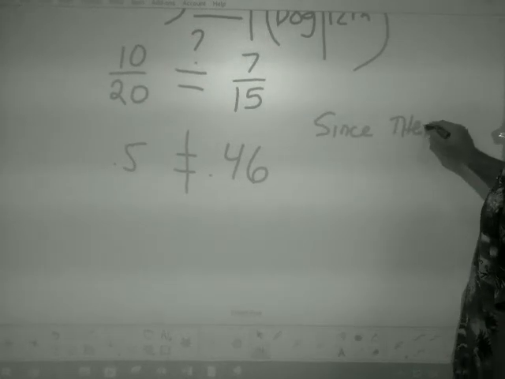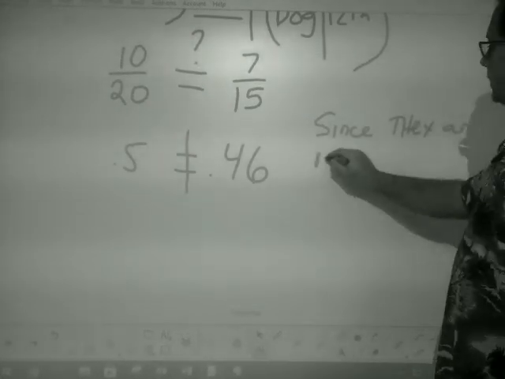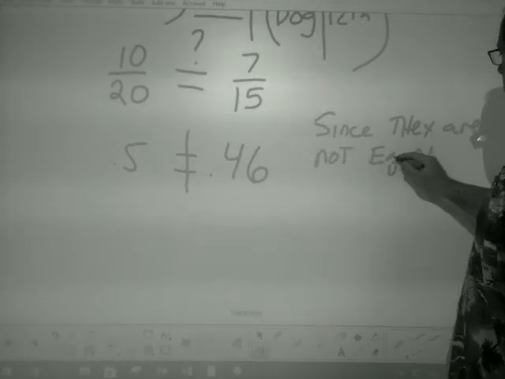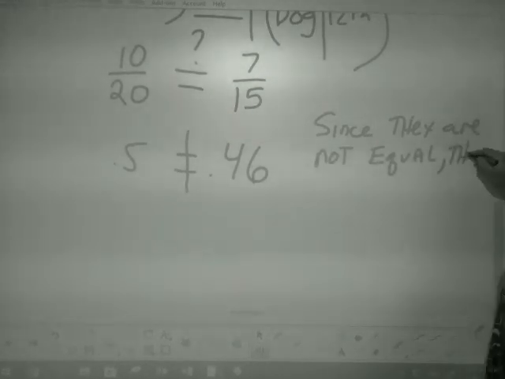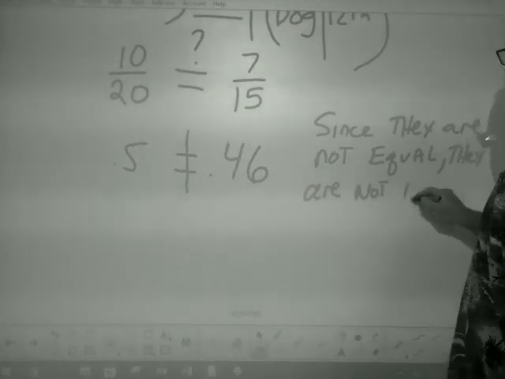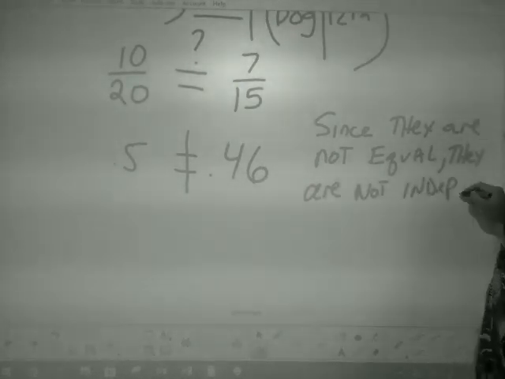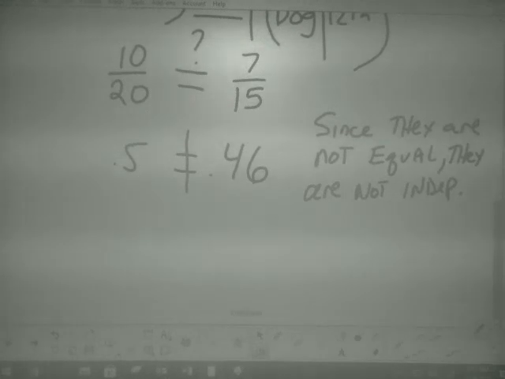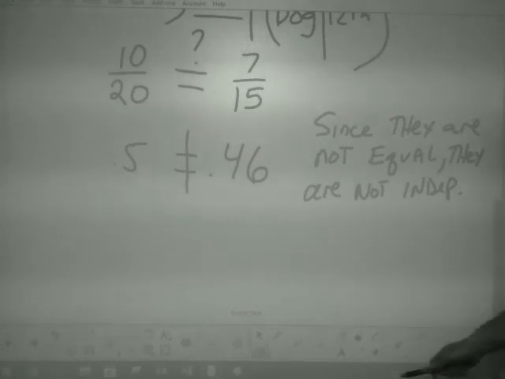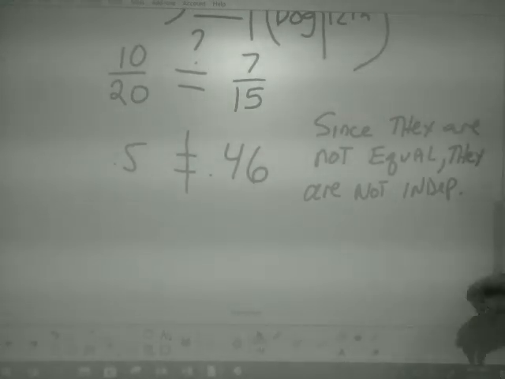Since they are not equal, they are not independent. And I'll abbreviate because I'm running out of room. But not equal, so they're not independent. And that's it. That's the test for independence.